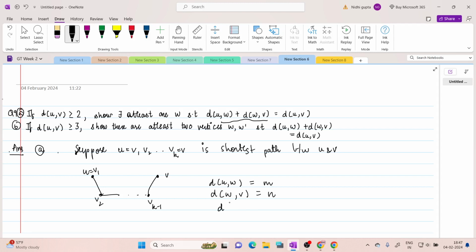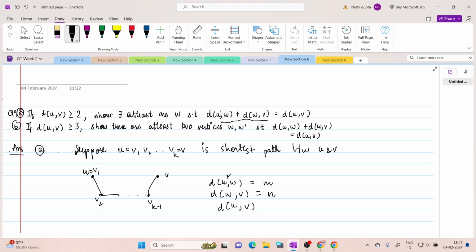So what can you say about d(u,v)? The shortest path between u and w is of length m, and the shortest path between w and v is of length n.